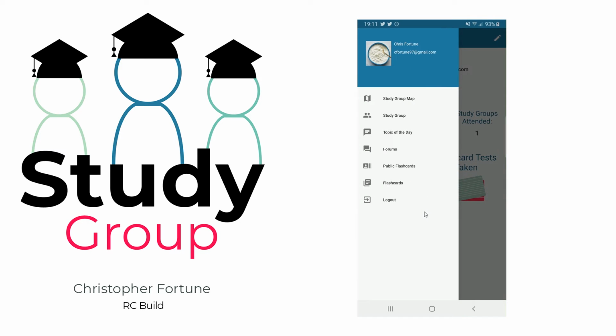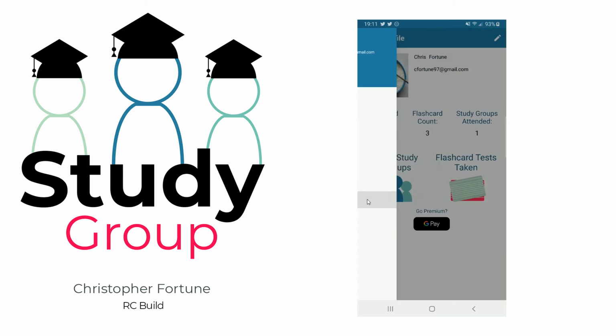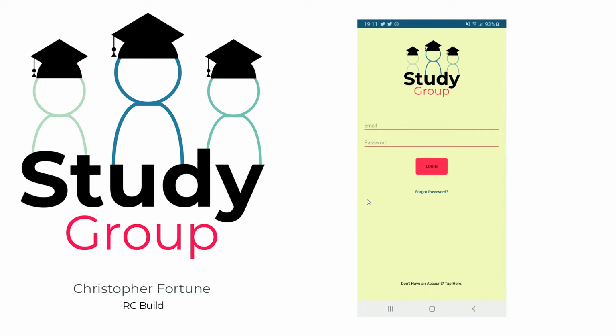So from here, the user has the ability to just log out of their account, which takes them back to the login screen. Now there's one more feature that we have not discussed, and that's the forgot password. So say I wanted to log into my account, but it's been a little bit since I've used Study Group. Well, most often, people forget their passwords.